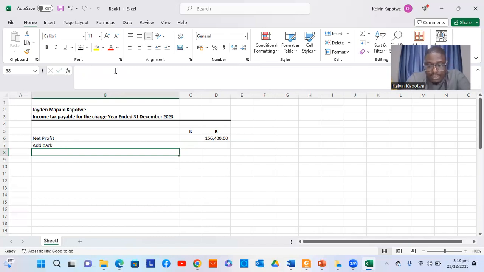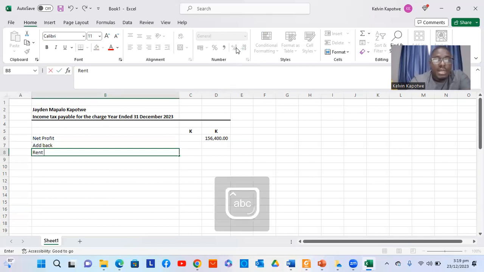So rent and rates, we're told that 1/3 of rent and rates relates to the living accommodation. So 1/3 multiplied by the amount, which is 6,300.